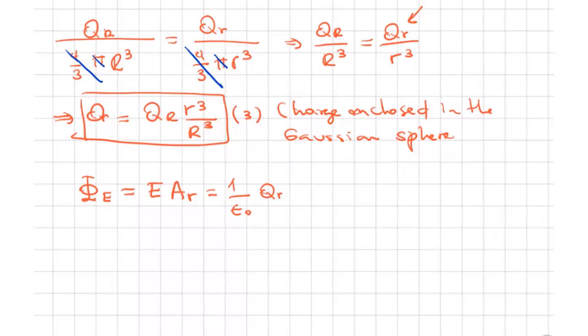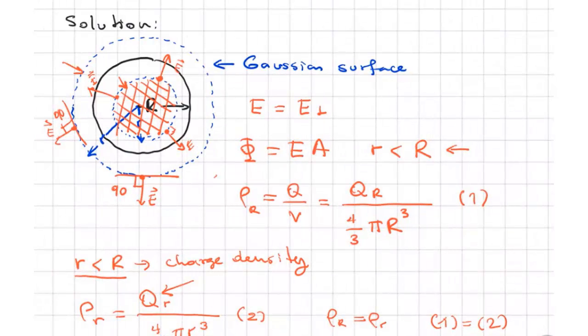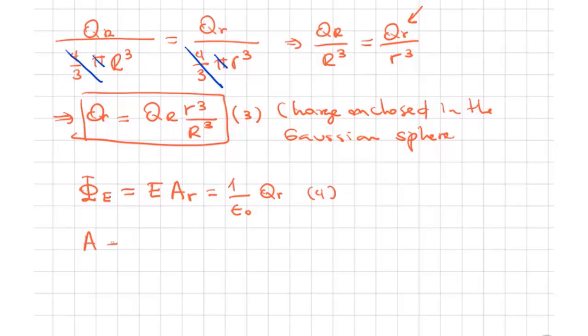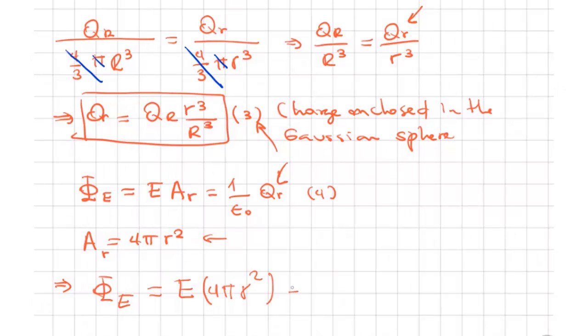If we replace the charge, equation number 3, in this equation number 4, and remember that the area of the Gaussian sphere is 4π r squared, we get that the electric flux is equal to the electric field multiplying 4π r squared, and that's equal to 1 divided by epsilon 0 multiplying the charge enclosed in the Gaussian sphere, that is QR multiplying r cubed divided by R uppercase cubed.